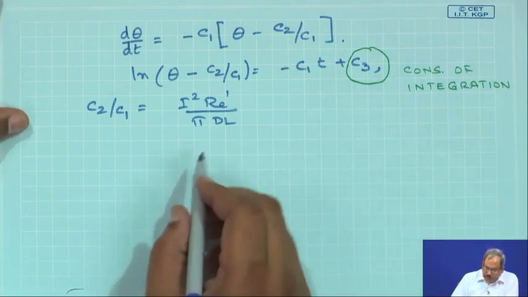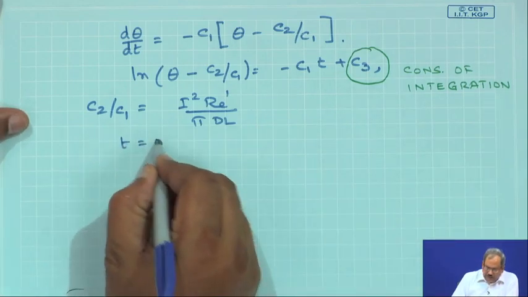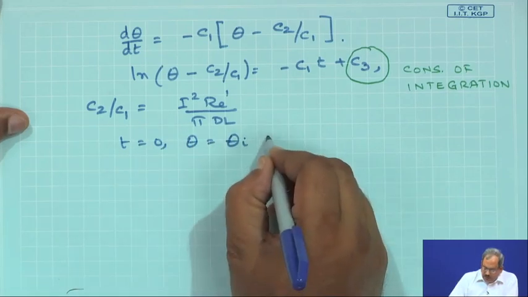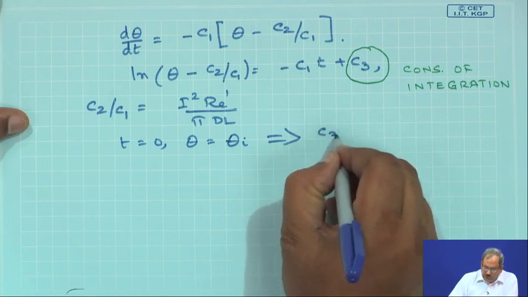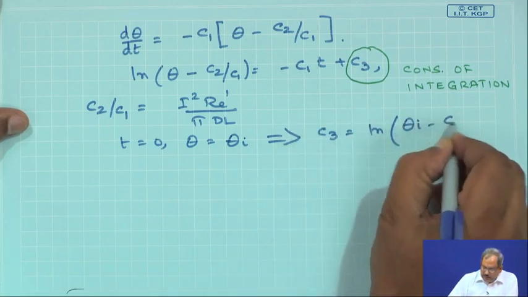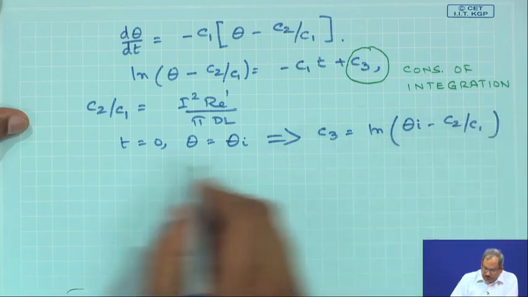So, the appropriate boundary condition, as I said, at t equals 0, theta is equal to theta I, which would give rise to C 3 to be ln of theta I minus C 2 by C 1.